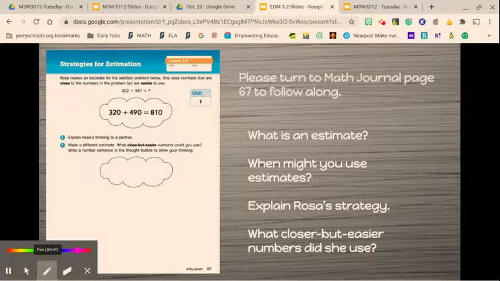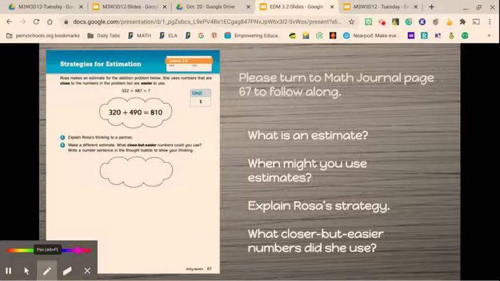So we're going to look at explaining Rosa's strategy. That's part 1. Part 2 is to make a different estimate and then looking at what close but easier numbers could you use. And then we're going to write a number sentence in the thought bubble to show our thinking.